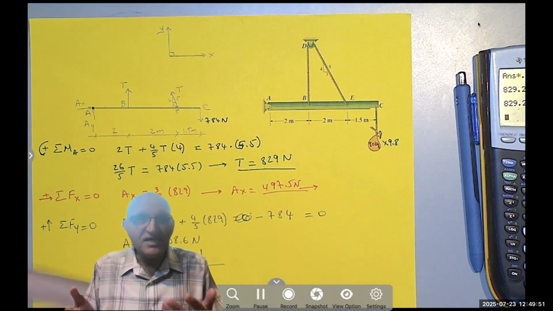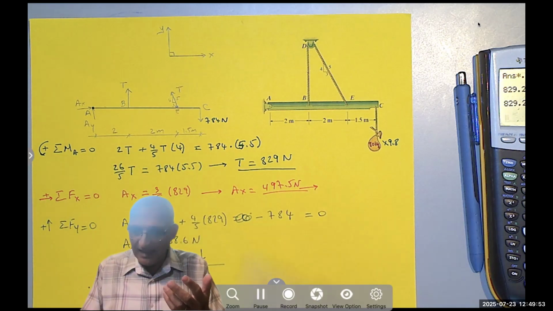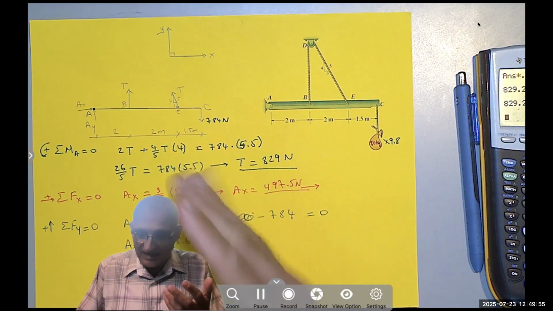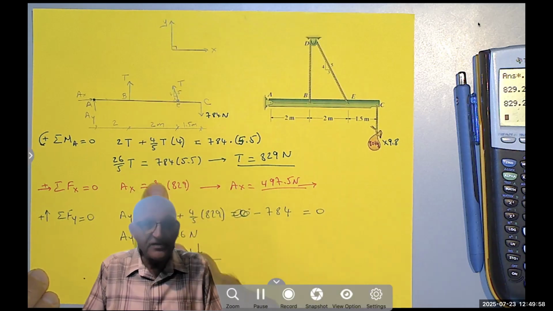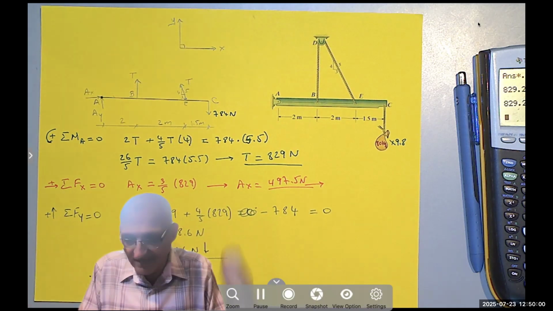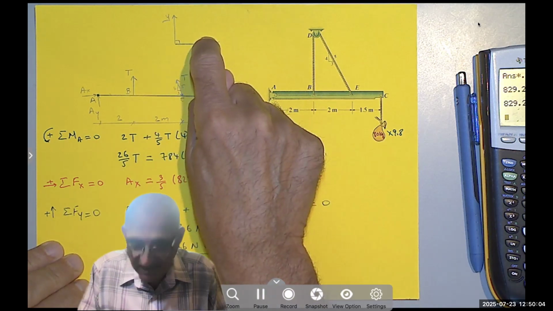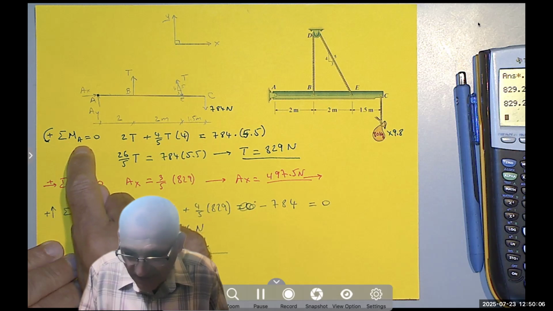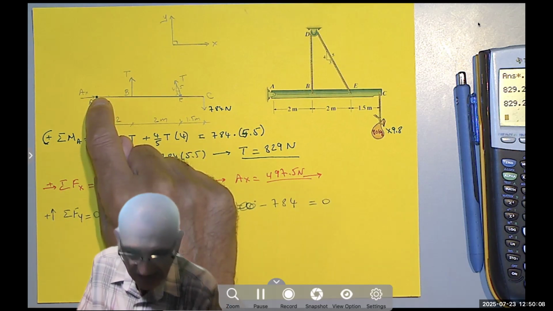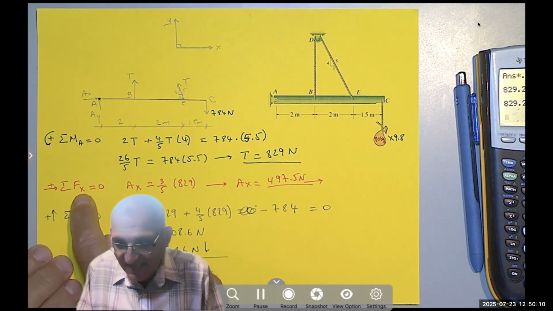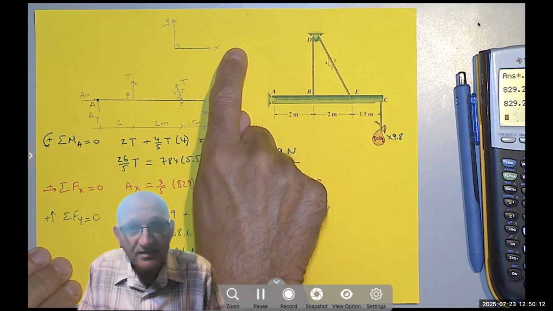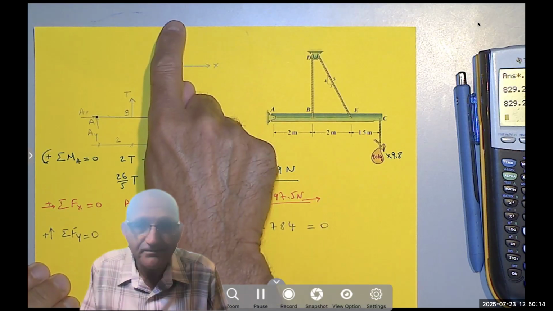And I had to show 3, 4, 5 because I multiply by 4/5 and 3/5. Anything that you write here should show up there. I said summation of the moment about A, so I have to show point A. Summation of the forces in the X, I have to show my X. I have to show my Y.